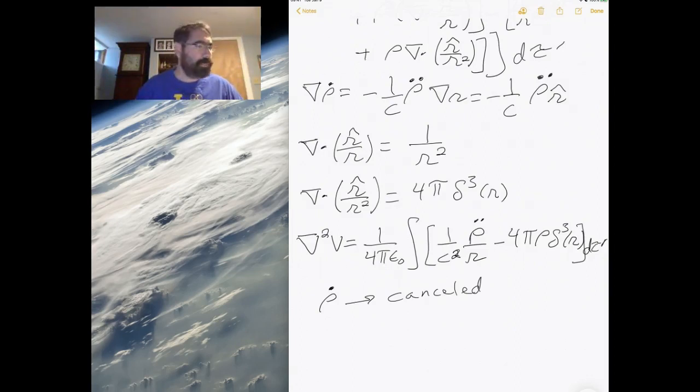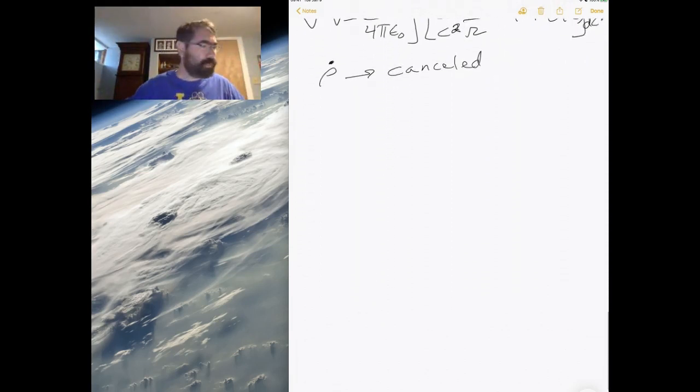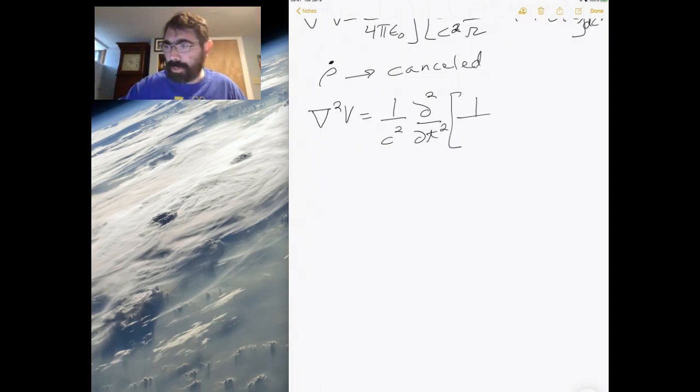What we're left with is something like this, which we can now summarize and say that the Laplacian of v is equal to 1 over c squared, the second derivative with respect to time, of 1 over 4 pi epsilon naught, the integral of rho over r, integrating over the volume.